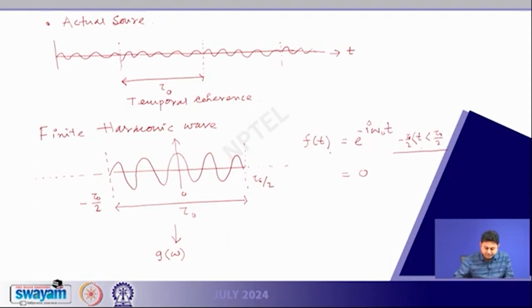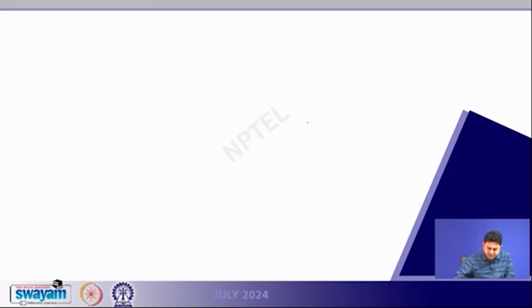But for a finite harmonic wave, if I do the same treatment and try to find out what g omega is, we need to do a Fourier transform. Now we can calculate the frequency spectrum.